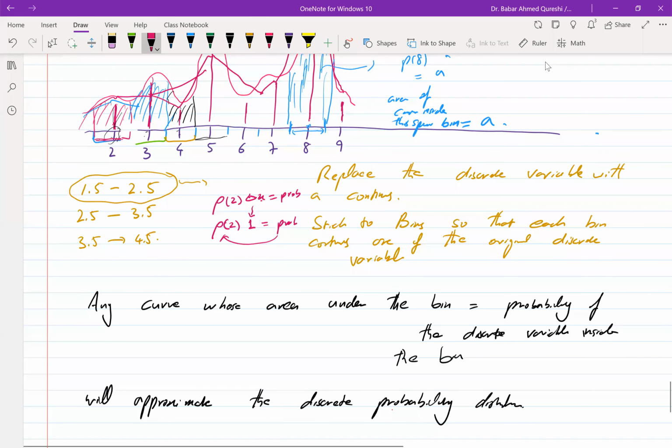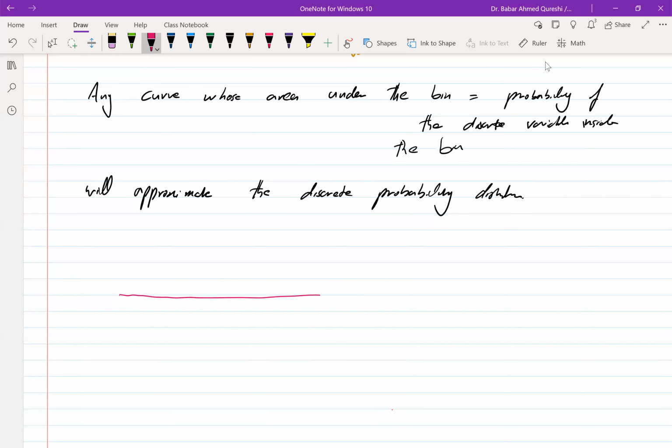For example, if I'm doing some variable whose values are 2, 2.2, 2.4, 2.6, and so on, so I make bins like this. Now the bin is of size 0.2. And when I draw a function, then that function at this value 2.2 times the bin size 0.2 should be equal to the probability at 2.2.